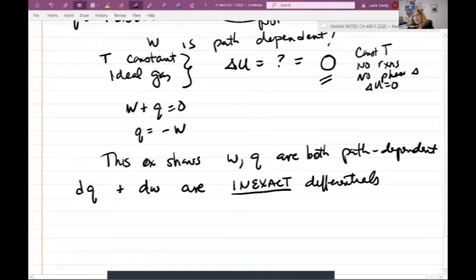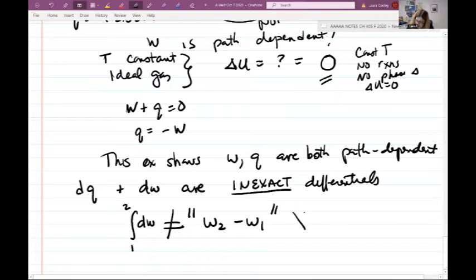That means their integral between two states is not always the same. So the integral from state 1 to 2 of dw is not equal to W2 minus W1. You would never say the work that a system contains. Work is the input and the output, or Q is the input and the output. You would never say this.